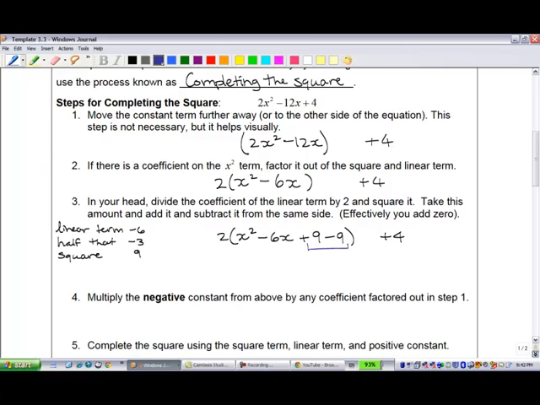The reason I want to do this is I want to use part of that plus 9 minus 9 to form a perfect square. Now, you can't just randomly add numbers to an equation or to an expression. So we achieve the same idea by adding it and subtracting it. So it works out really nicely.